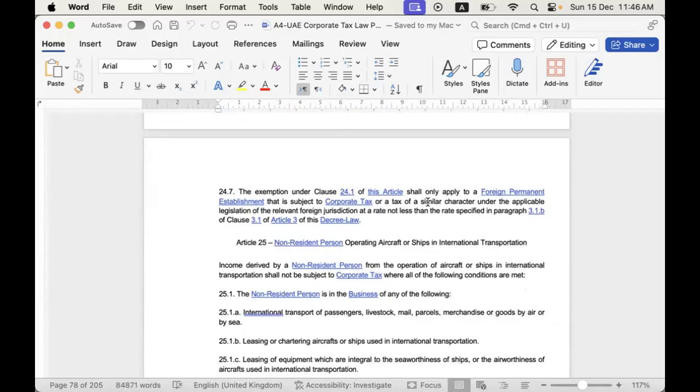Yes, it's clause 7 of Article 24, is subject to a tax. Yeah, there you go. That's the exemption. Otherwise, it will not make sense. Yeah, clause 7, got it.